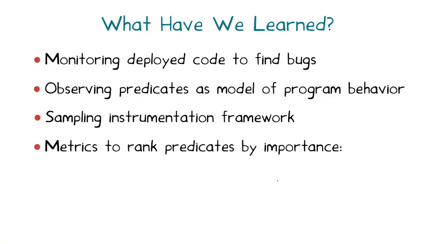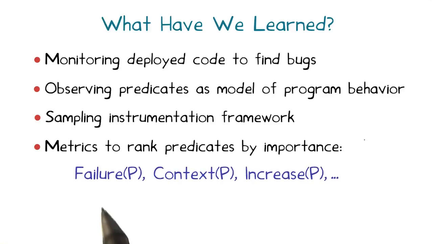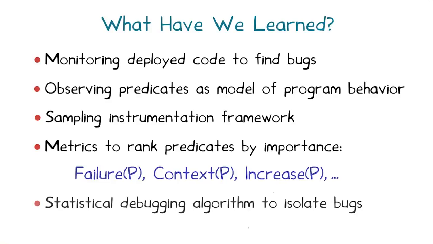These metrics, such as failure, context, and increase scores, give us different kinds of information about the relationship of predicates' observed values to program success or failure. And lastly, we developed an algorithm to isolate bugs in such a way as to prevent correlated predictors of common bugs from drowning out predictors of less common bugs.